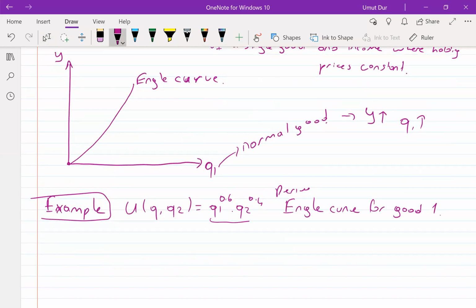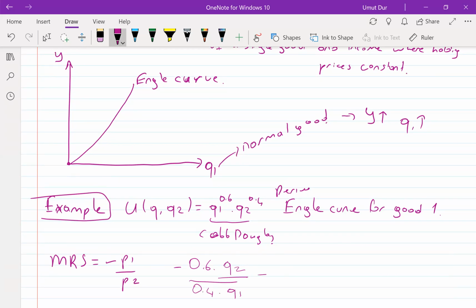So this is Cobb-Douglas. What we know about Cobb-Douglas is that the marginal rate of substitution is equal to the ratio of the prices. What will be the marginal rate of substitution here? If I do the derivatives, I will get minus 0.6 times Q2 over 0.4 times Q1. This is the marginal rate of substitution.